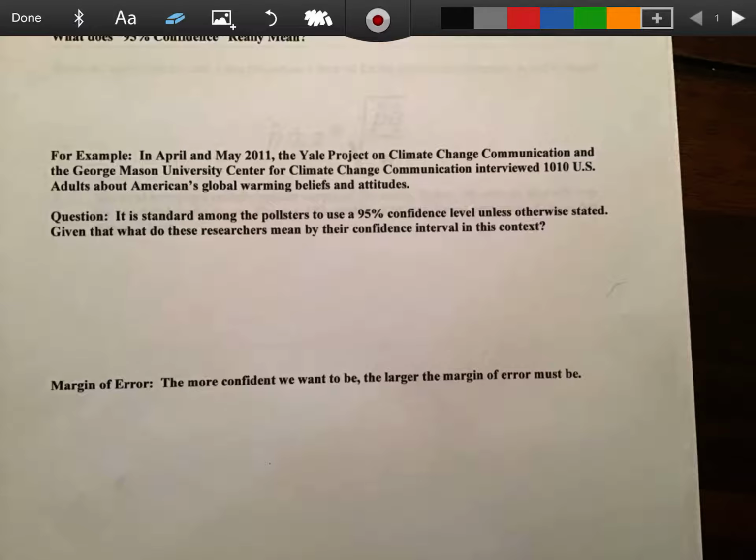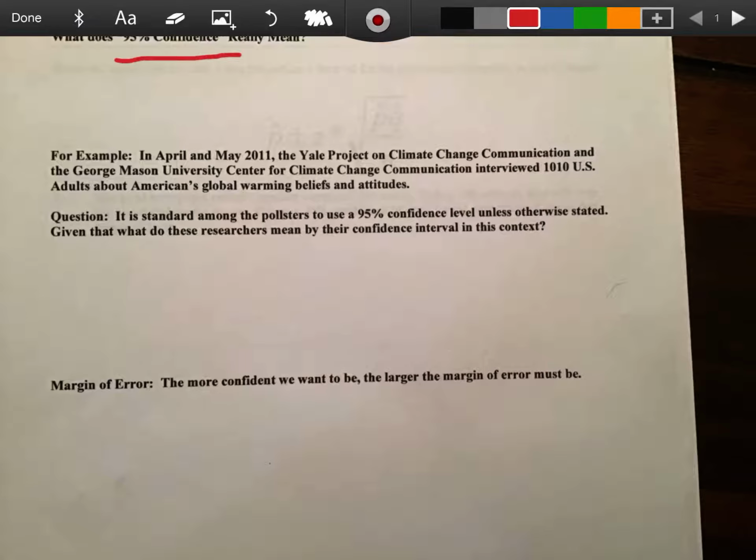So then we survey a sample. Let's say it's 100 people in our sample. We know that every time we get a group of 100 people, it's not going to be exactly 27%. It's going to range a little bit from here and there. But the first question on your notes, if you've printed your notes off, is: what does 95% confidence really mean?